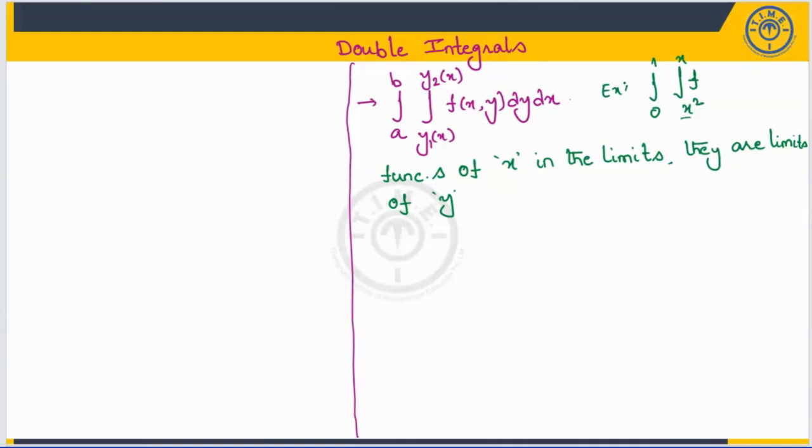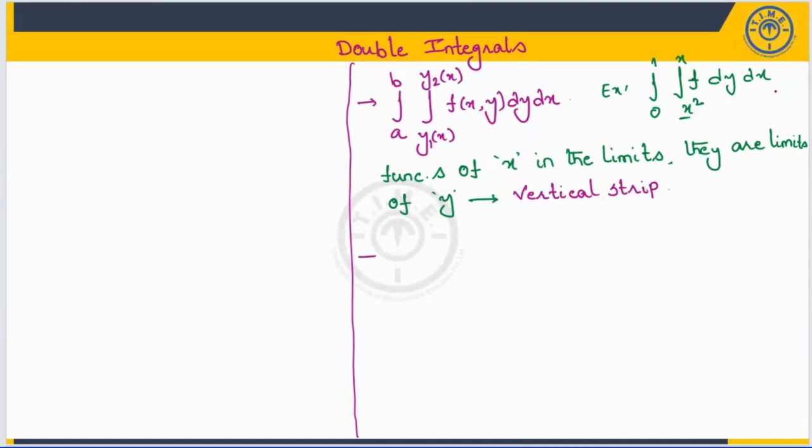When I am having x in the limits, then they are the limits of y, and no matter what, first I have to integrate with respect to y and then with respect to x. And if you are referring to the textbooks, they'll be talking about the vertical strip. Remember this.